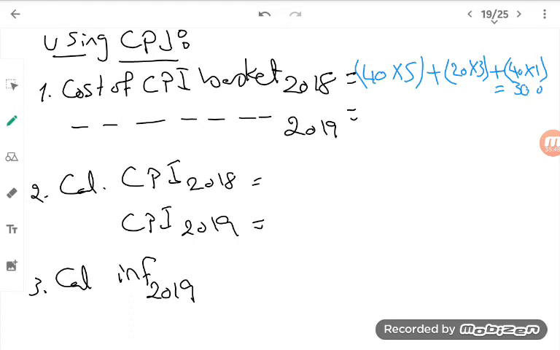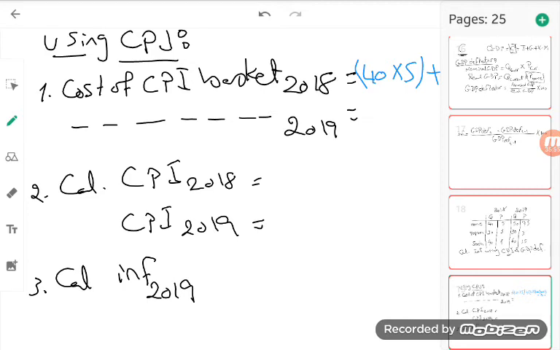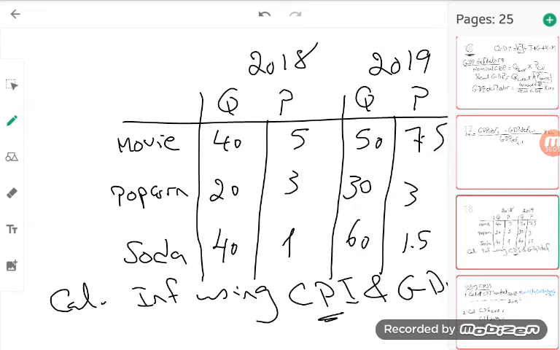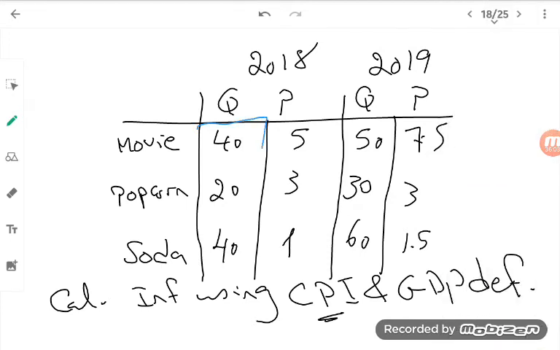In 2019, we are going to keep the quantity of 2018 constant with the new prices.